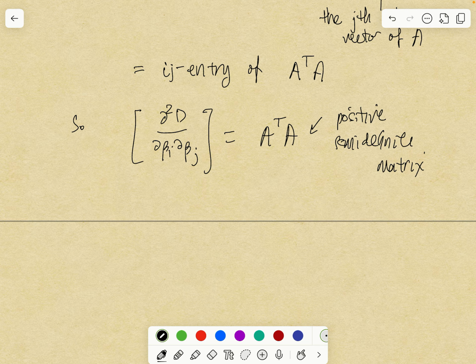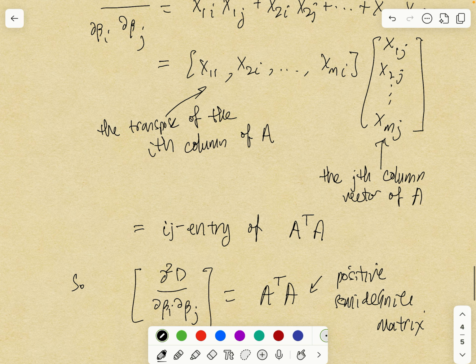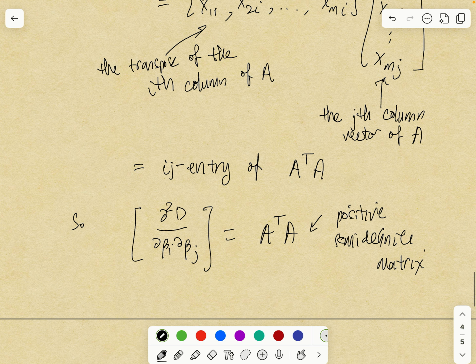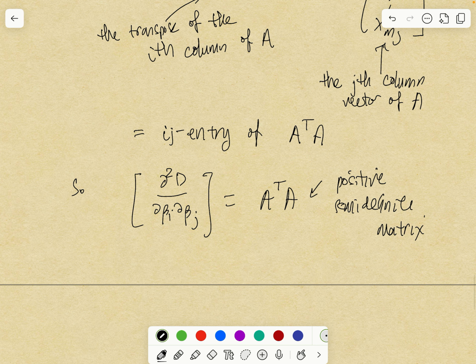And why do you have a global minimum? Well, because there's only one critical point, and you have a differentiable function. Now, is that enough to give you a global minimum? I mean, in terms of this function, yeah, you have a positive definite matrix everywhere.